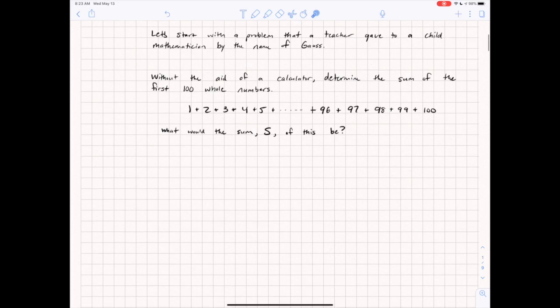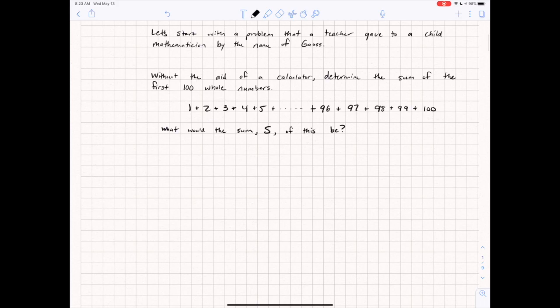Okay, so what Gauss did was very, very creative. He recognized a pattern where if he took the first number and added it with the last number, he got 101. Then if he took the next number and added it with the second to last number, he got 101.